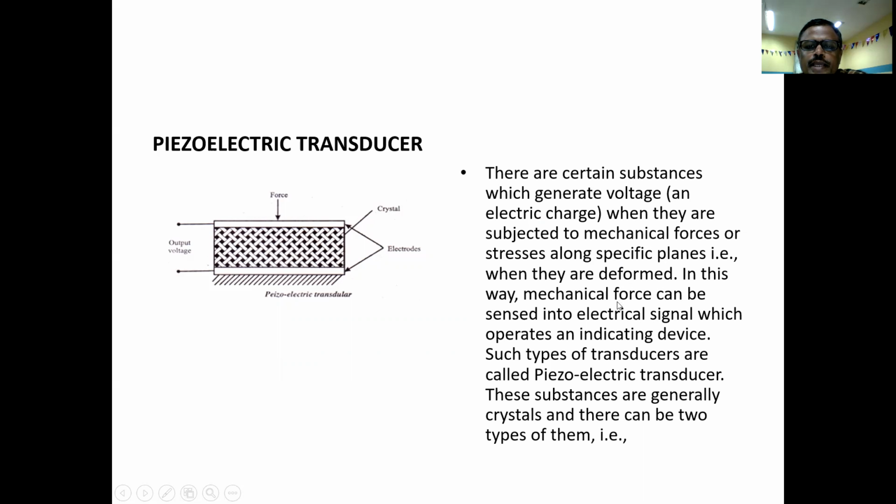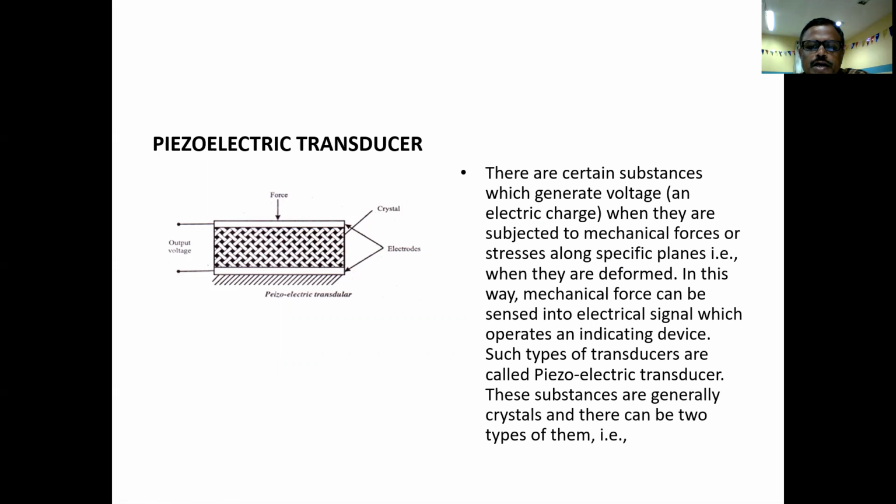In this way, mechanical force can be sensed and converted into an electrical signal, which operates an indicating device. Such types of transducers are called piezoelectric transducers.